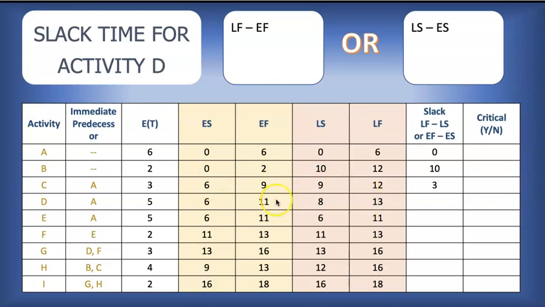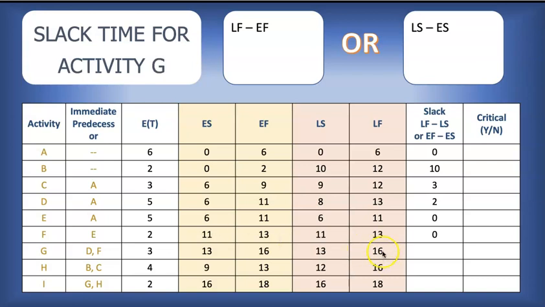D, 13 minus 11, 2, or 8 minus 6, 2. Activity E, 11 minus 11, 0, or 6 minus 6, 0. Activity F, 13 minus 13, 0, or 11 minus 11, 0.